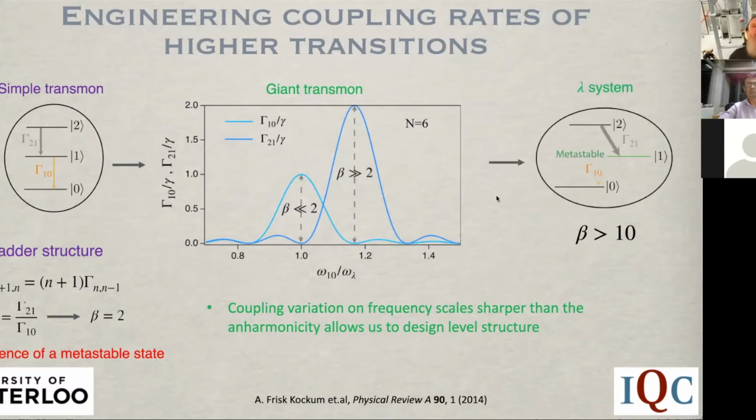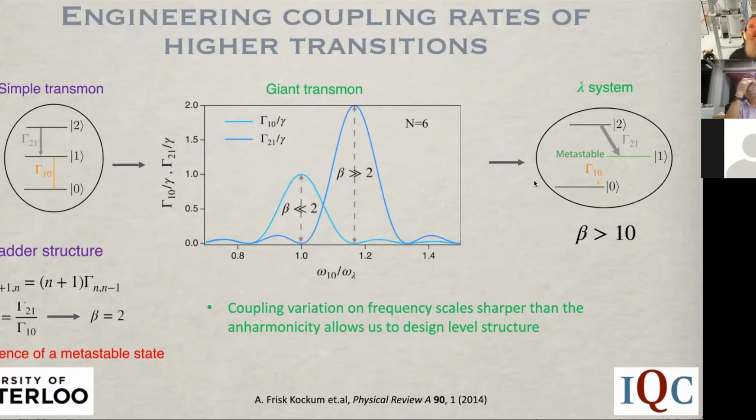And this is interesting because if I can reach this regime of beta much greater, in fact we probably want greater than 10, essentially I can make the 1 level look metastable compared to the 2-1 transition. So if I can do this, I can effectively turn my boring ladder system into a much more interesting lambda system. Anyone who works in quantum optics knows there are lots of interesting things you can do with lambda systems.